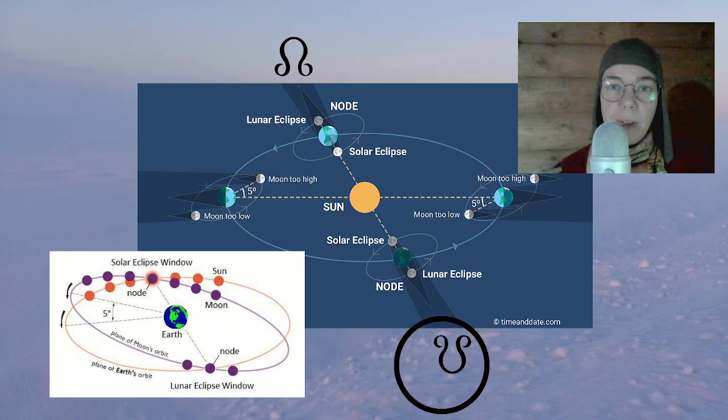And then you can also look at the associated planet with that sign where the south node is, and then that will give you more information about that past.